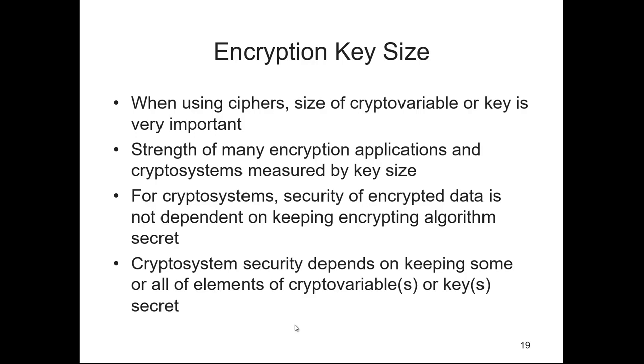In fact, algorithms are often published so that researchers can uncover their weaknesses, and research can be performed on these kinds of algorithms. The security of any crypto system depends on keeping some or all of the elements of the crypto variables, or keys, secret.